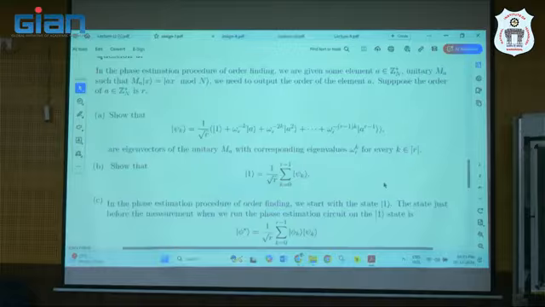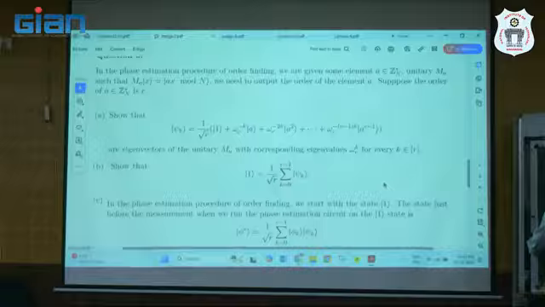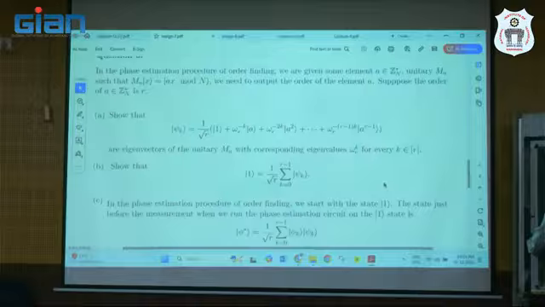Now, summation over k is equal to 1 over square root r summation over k, and then there is a summation over j, correct?